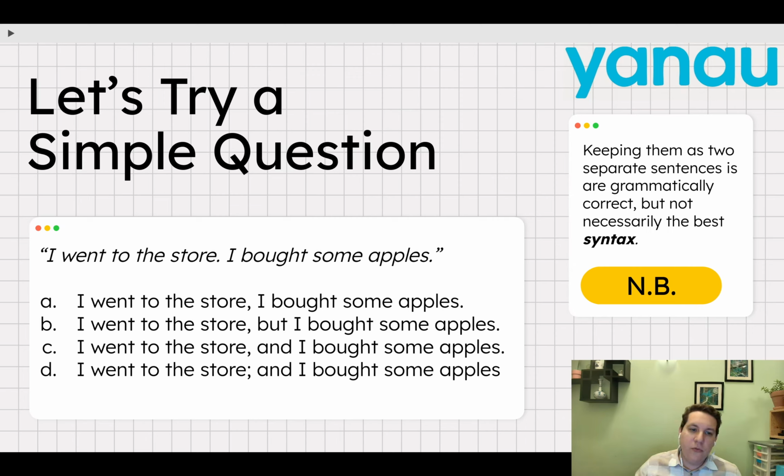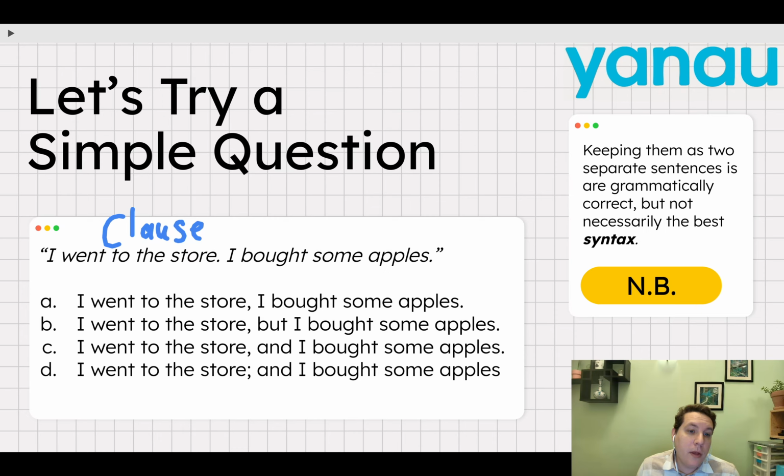Now, before we go into that, we need to understand, first of all, what is a clause? Because this is going to be some terminology that we'll be using in all of our lessons, and we need to understand it really, really well. Clauses are, you could say, parts of sentences.